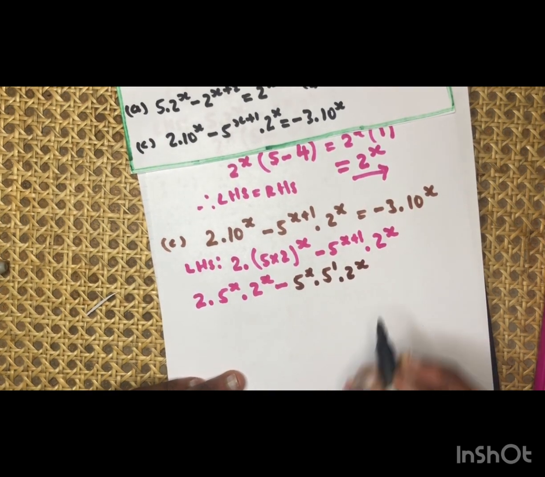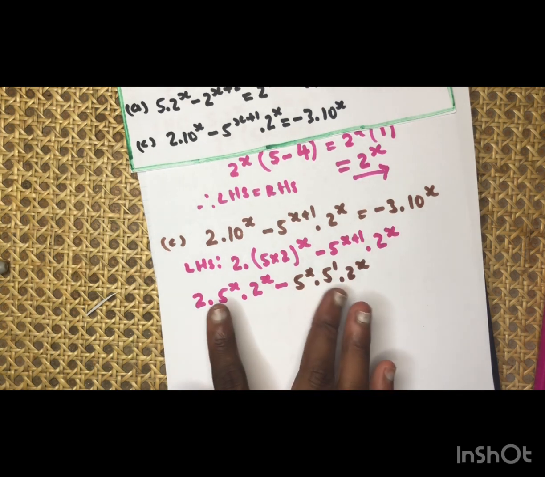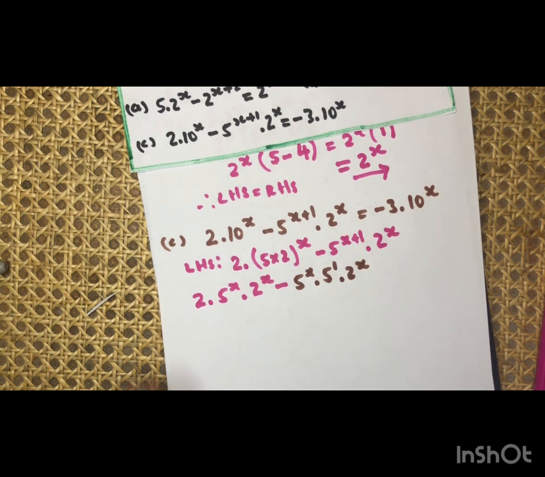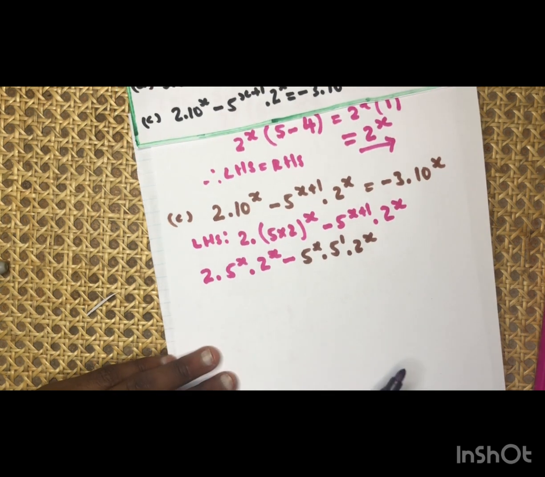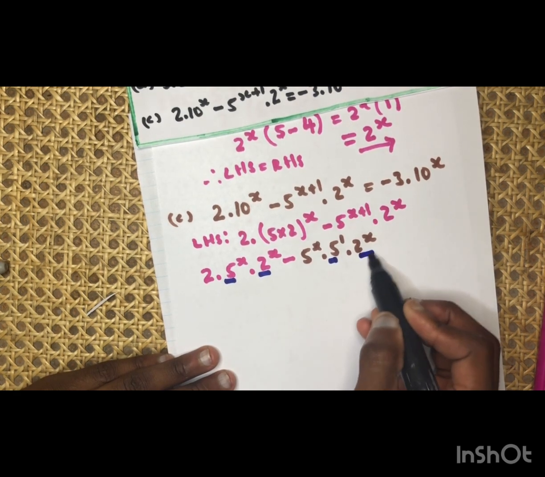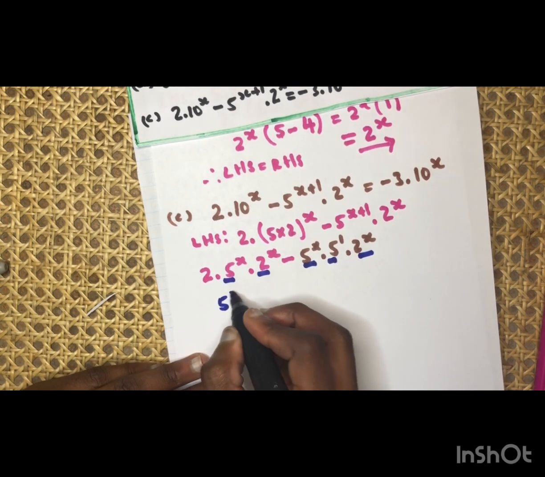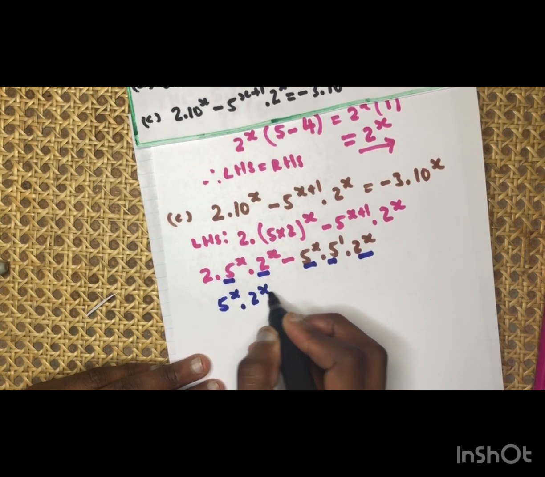Guys, if you didn't watch my previous video where we explained the laws of exponents, please go back and revisit the first video so that you can know the procedure here, all the laws that we are using. So what is common here? We see that this one is common, not this one, this one. So I'm going to take 5 to the power x times 2 to the power x out.